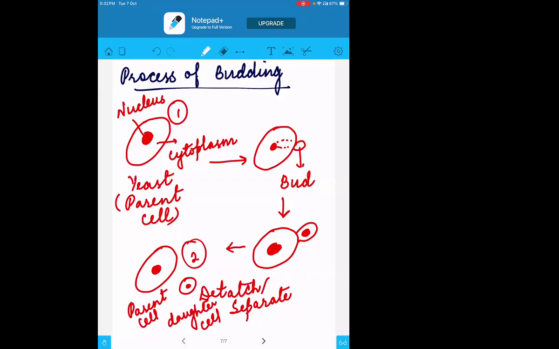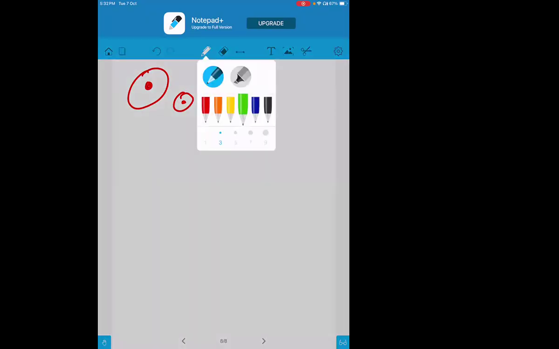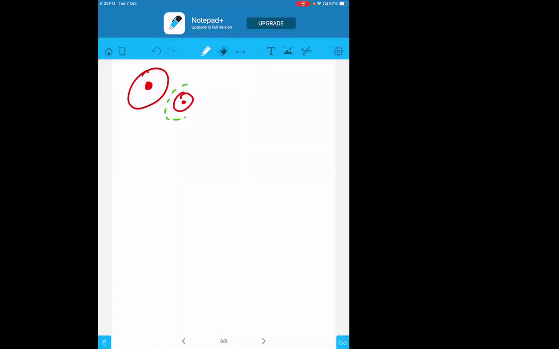Now what will this daughter cell do? The daughter cell will get all the food and will increase in size.